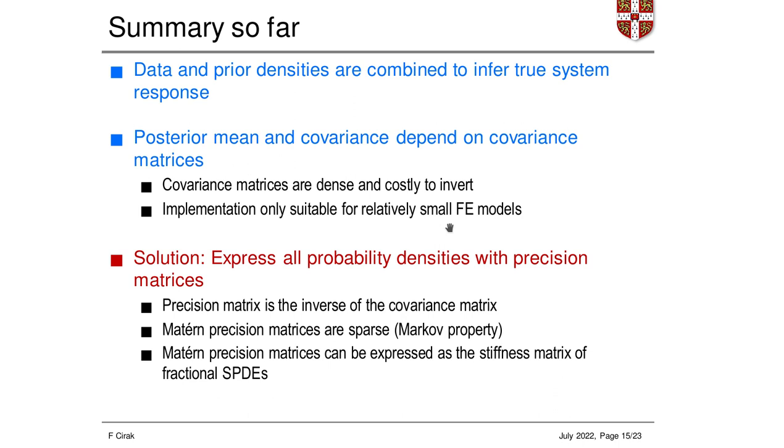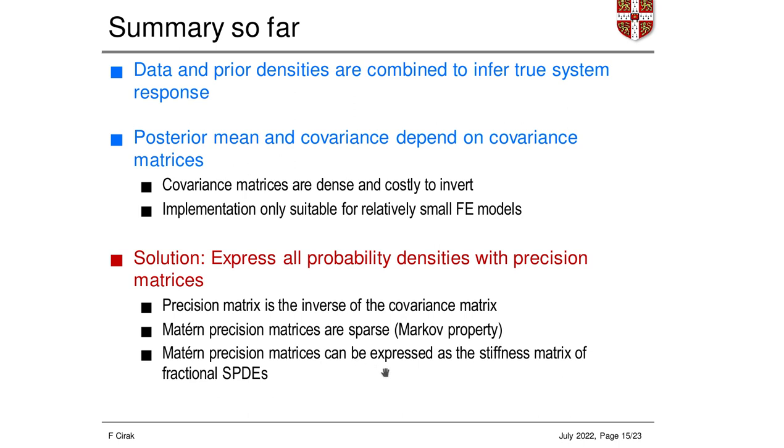Our solution to that is to express all the probability densities with precision matrices, because the precision matrix is the inverse of the covariance matrix, and it turns out that they are sparse, which means they have the Markov property.